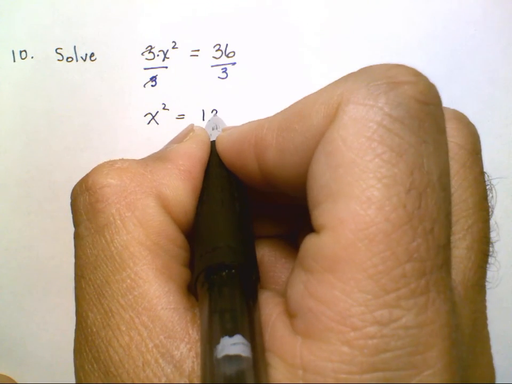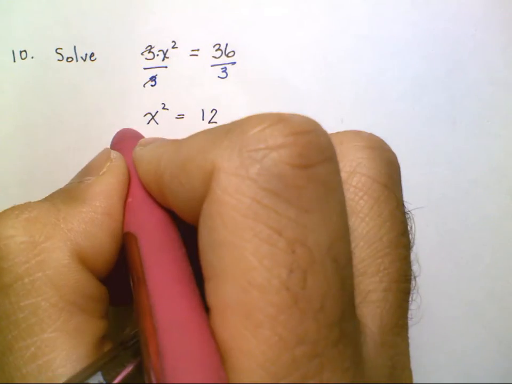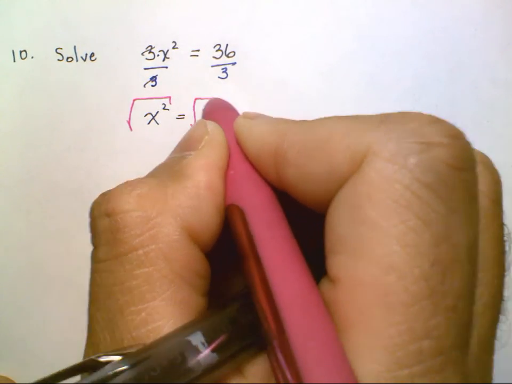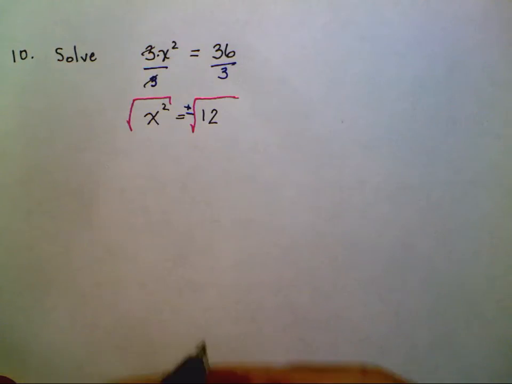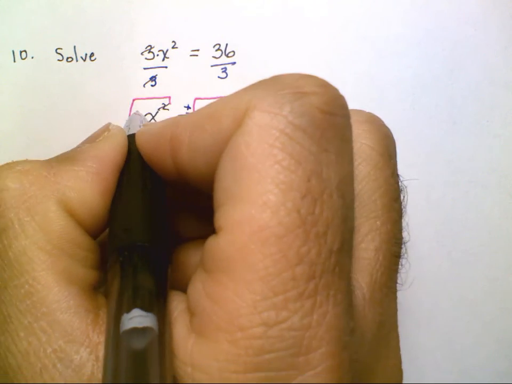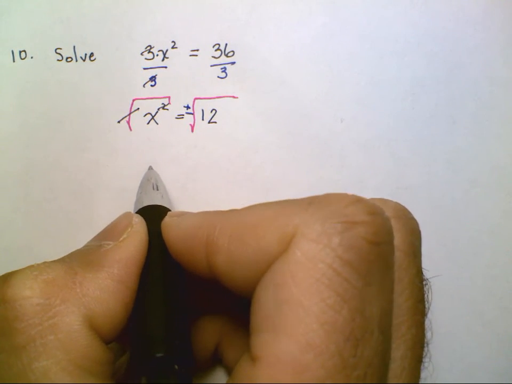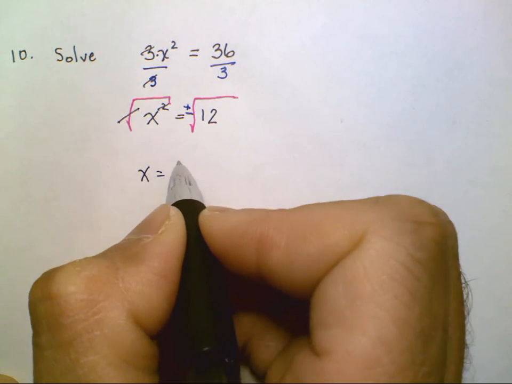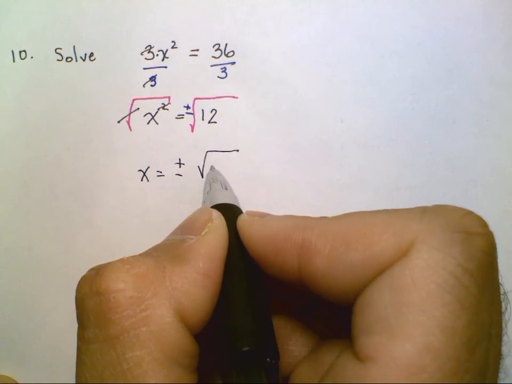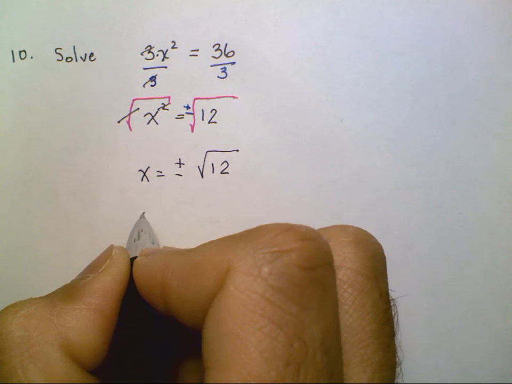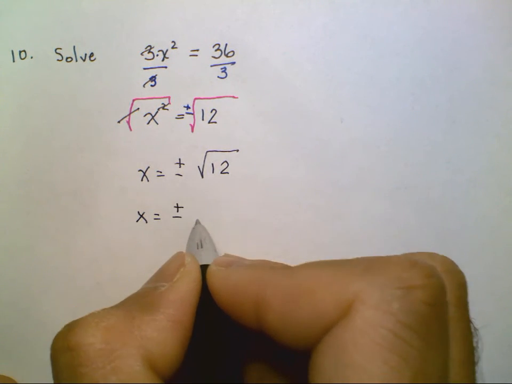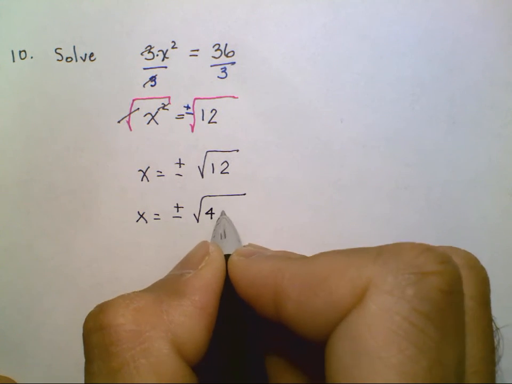Then we use the square root method. So you have plus minus. So x squared, the radical goes away. So you have that x is equal to plus minus the square root of 12. We know that 12 has a perfect square, which is 4. So x is equal to plus minus the square root of 4 times 3. Let's simplify that 4.